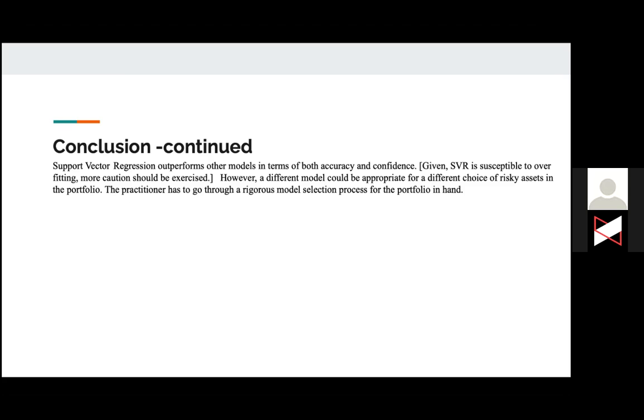So caution should be exercised in that aspect, but overall, the support vector regression does end up outperforming. A different model could be appropriate for a different choice of risky assets in the portfolio, and any practitioner would have to go through a rigorous model selection process for the portfolio in hand.